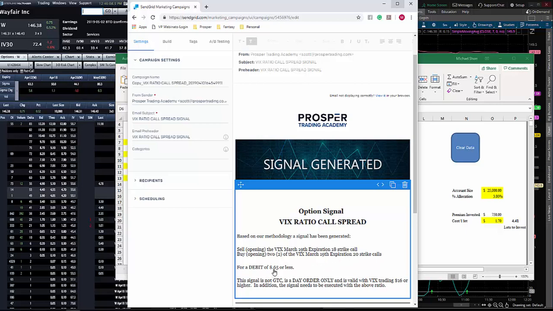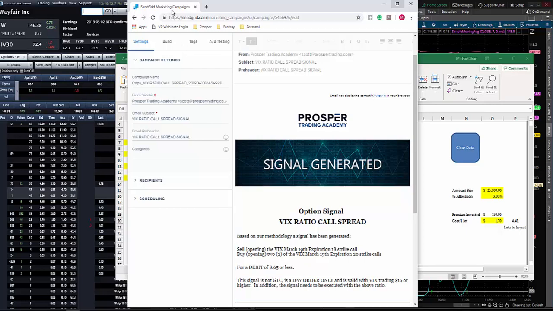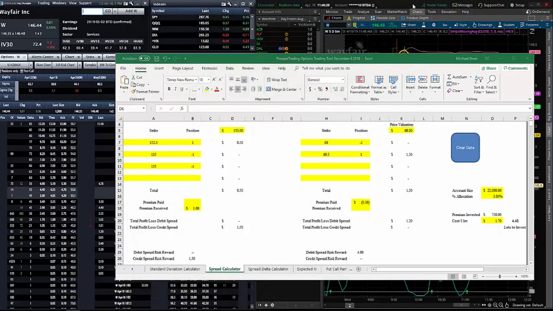And then you were paying a debit of 65 cents for it. I don't know exactly how this one turned out, but like I said, I would be very surprised if a ratio spread was put out, and I would hope that if I had done that, he would come over and talk to me and see what the heck I was doing.